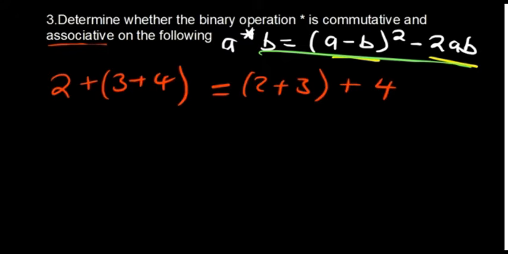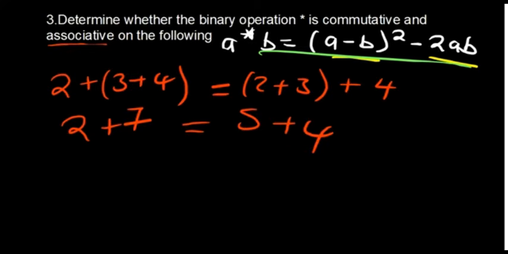So what do we have there? We have 2 plus 7, and on the other side 5 plus 4. So this is going to be 9, that is going to be 9. So what is an example when you say it is associative?